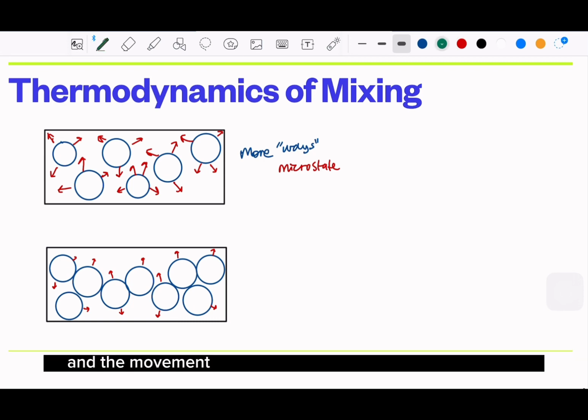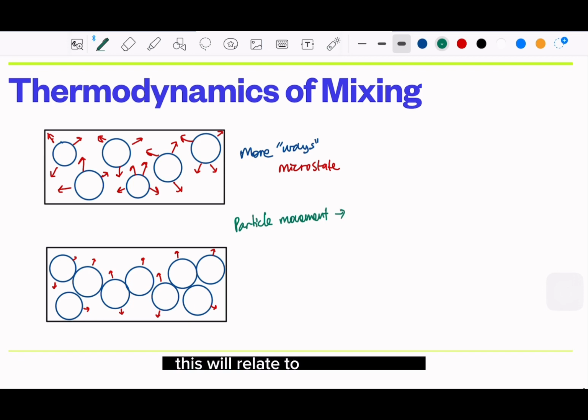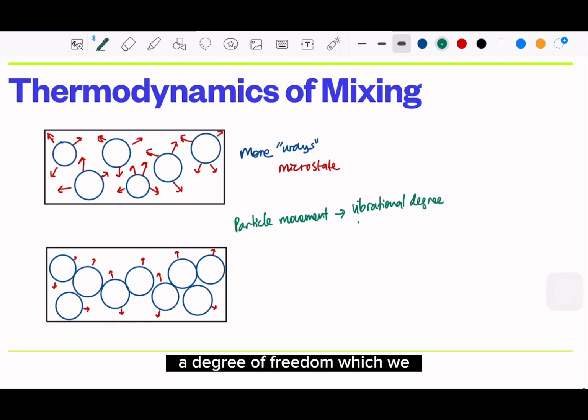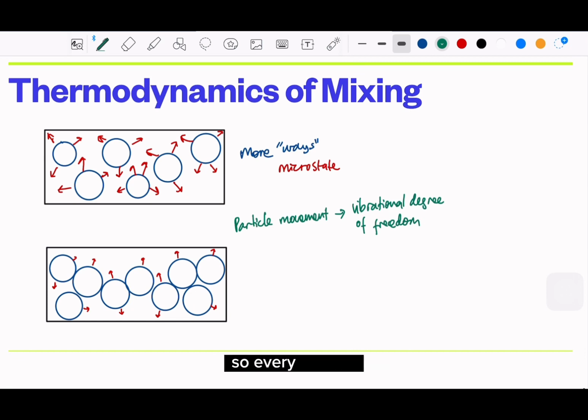And the movement, how the particle moves, this will relate to the vibrational degree of freedom, which I don't have time to explain more about, but every particle is vibrating.